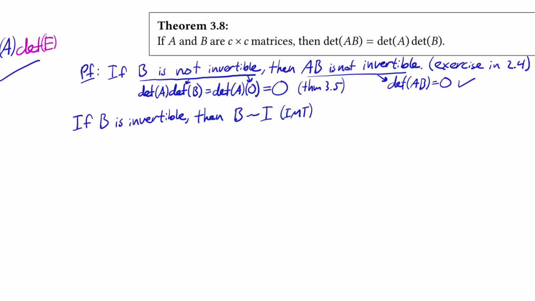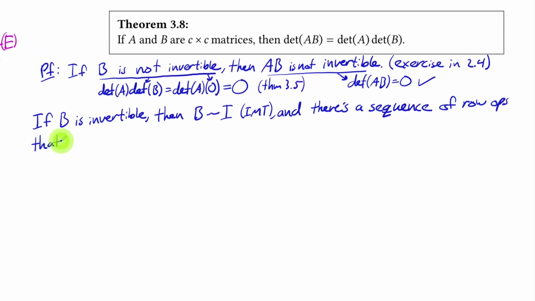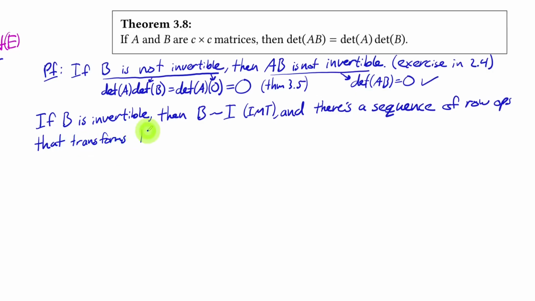And if B is row equivalent to the identity matrix, all of those row operations that transform B to the identity matrix can be reversed. So you can transform the identity matrix back into B using these row operations.